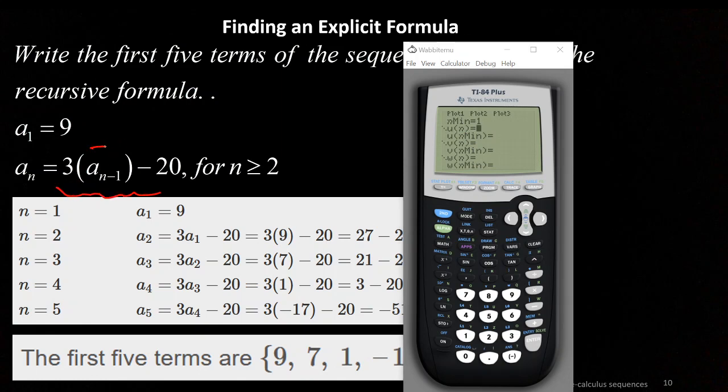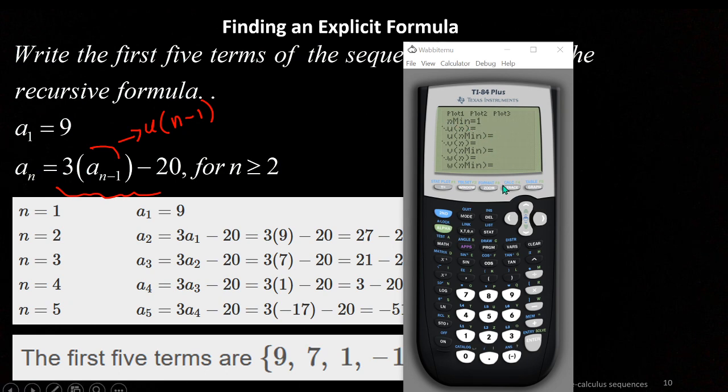Now, this right here, the calculator is going to think of that as u of n minus 1. So that's our function, but we don't have a function explicitly given like previous examples. Here we have to do something to u to get the next term, and we start with the term already.